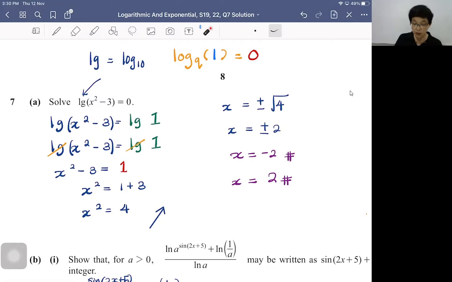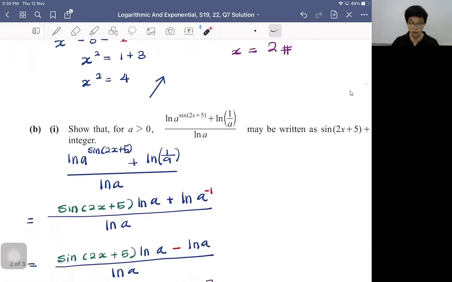Without much difficulty, you know that 2 squared is 4, 4 minus 3 is 1, that also works. Therefore, you conclude acceptance of x equals 2. That makes two solutions to 7a, which are x equals negative 2 and x equals positive 2. That's the end of section A.